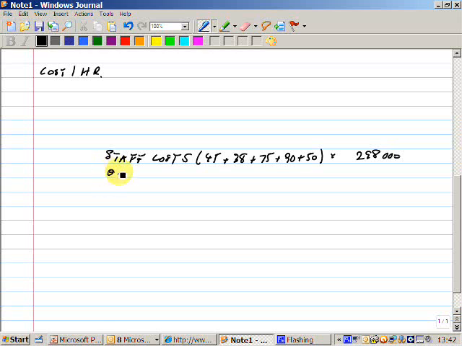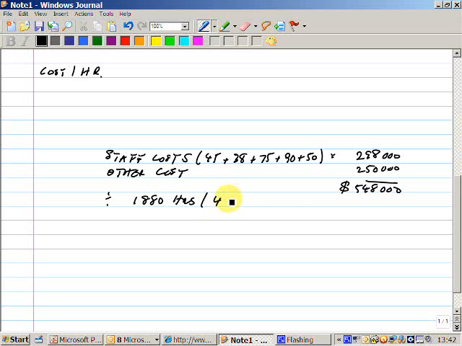298,000. And then we're told that we have other costs in relation to the rental of the theatre. So that's coming out at 250,000. Add those together and we get 548,000. Okay, so that's the total costs. We need to divide that by 1880 hours.